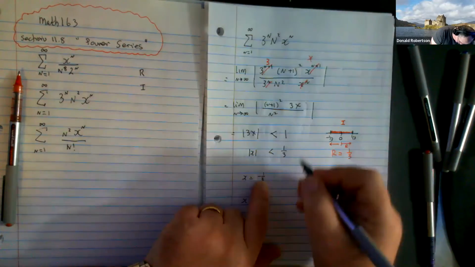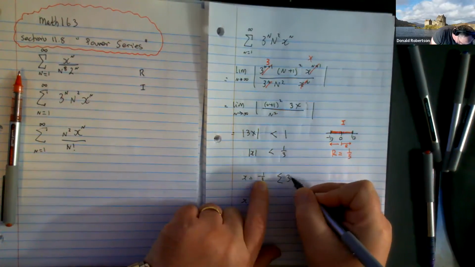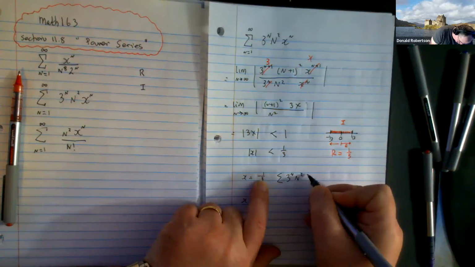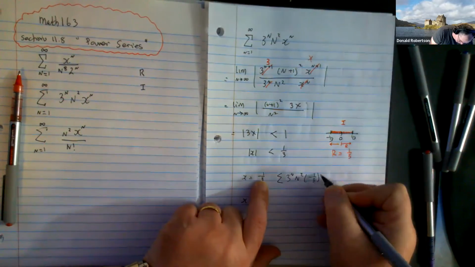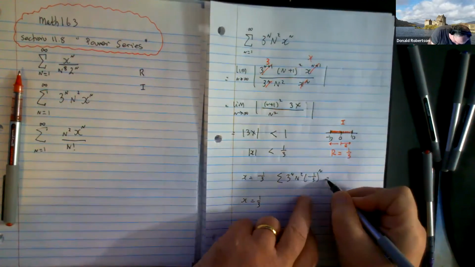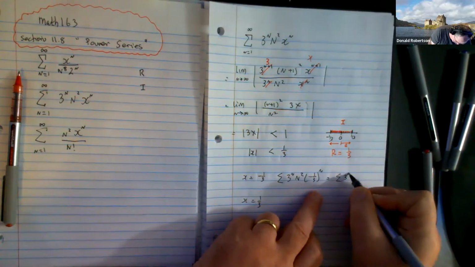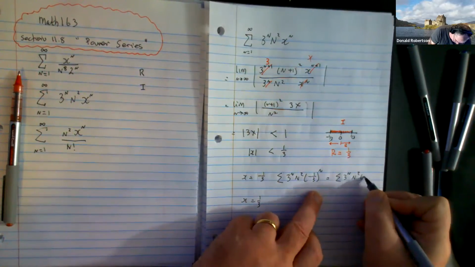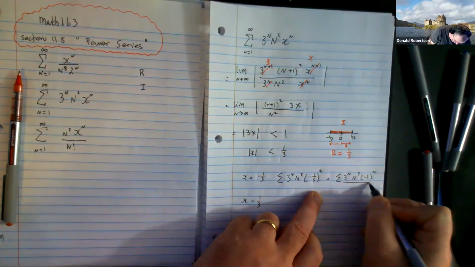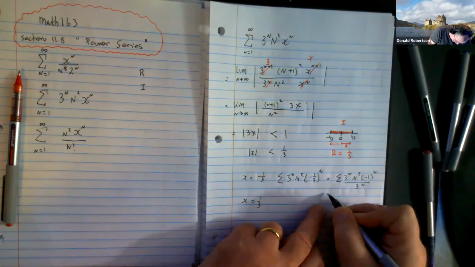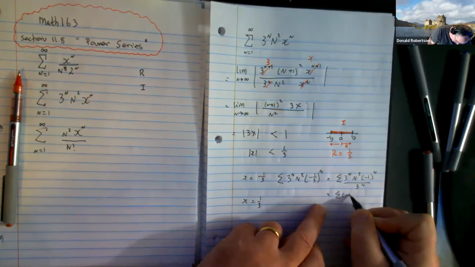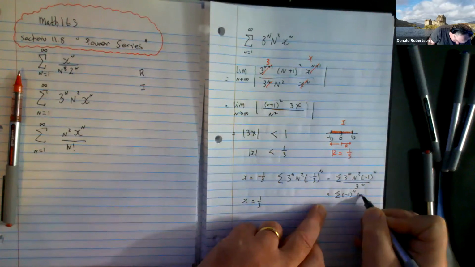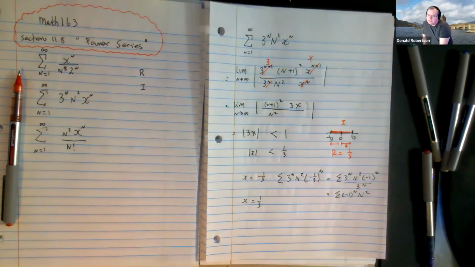If you do -1/3 in here, you get 3 to the n squared, -1/3 to the n. That's going to be 3 to the n squared, -1 to the n, over 3 to the n, and that becomes -1 to the n squared. Agreed? The 3 to the n's cancel out.